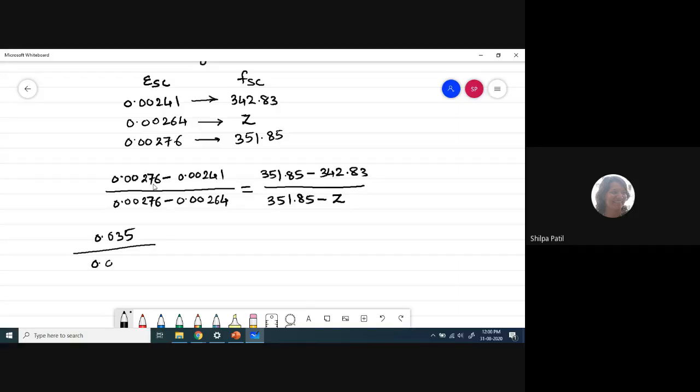It is 0.00012, which is equal to 351.85 minus 342.83. Ma'am, the numerator is wrong.